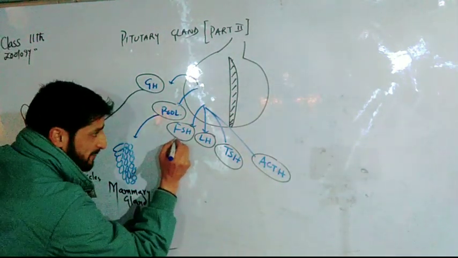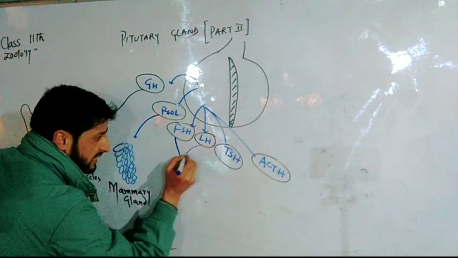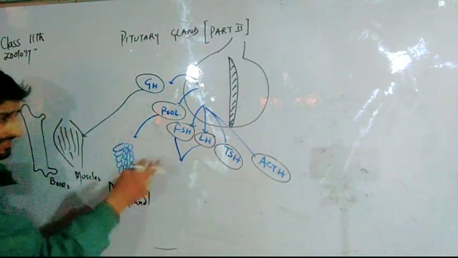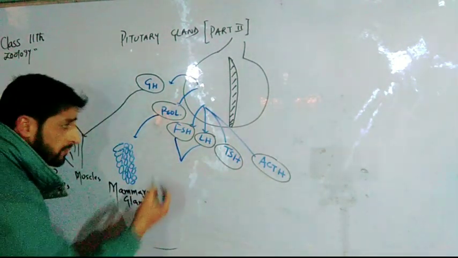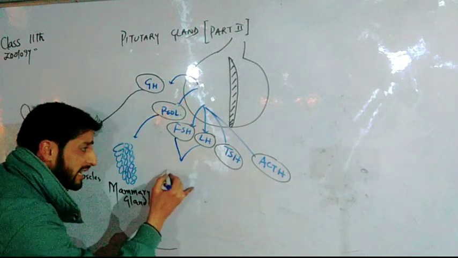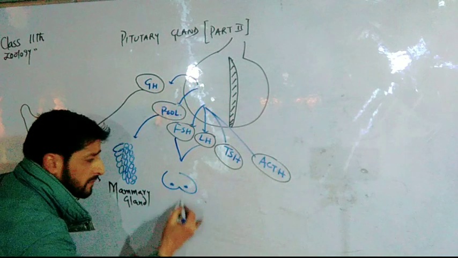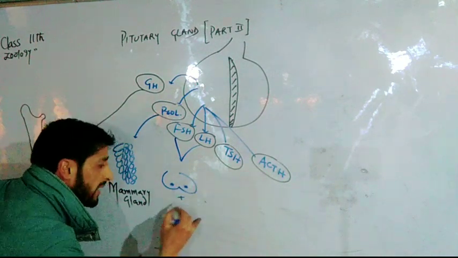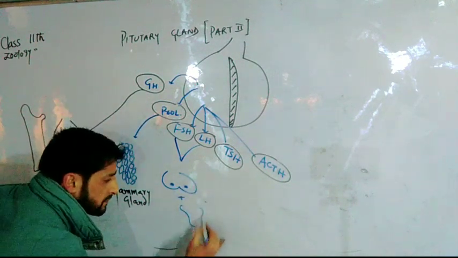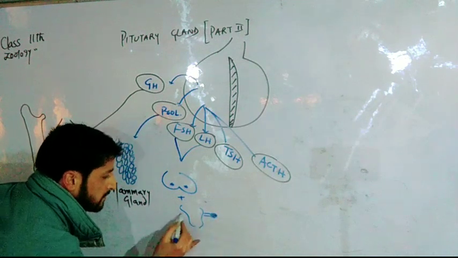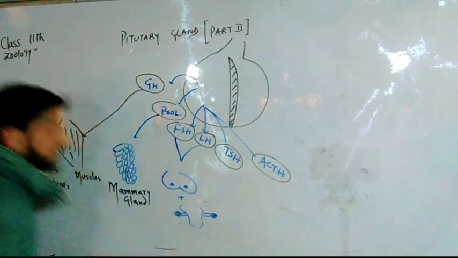As far as FSH and LH is concerned, follicle stimulating hormone and luteinizing hormone, its target organs are actually the testicles and the ovaries. Testicles and the ovaries.